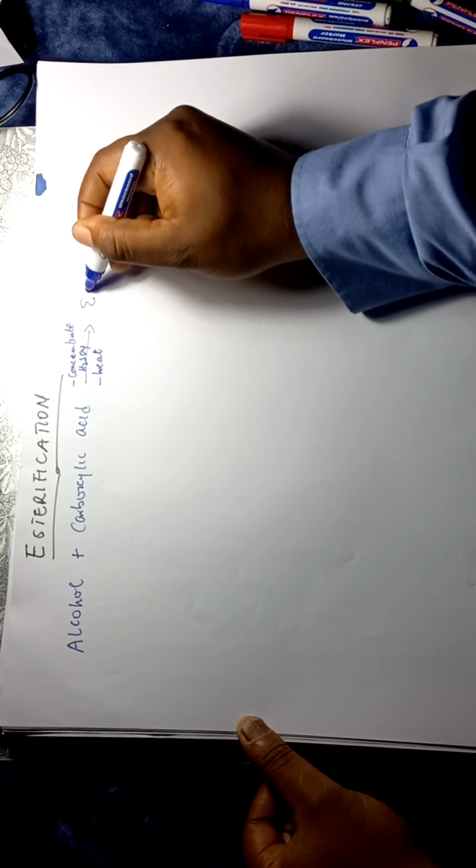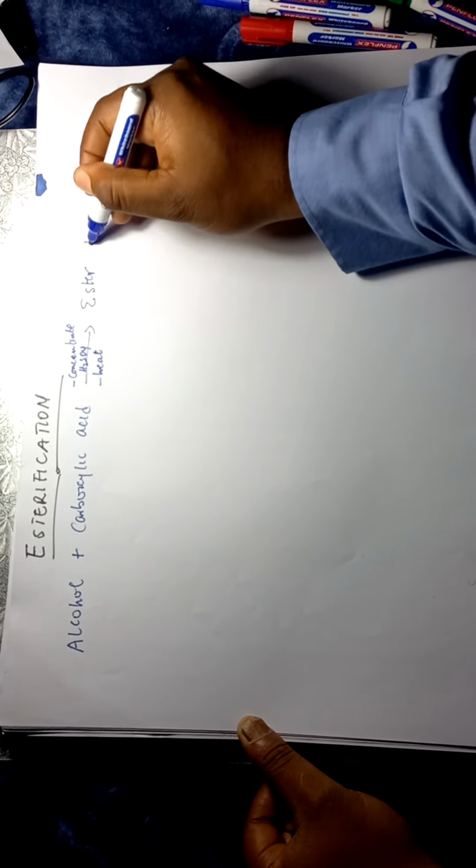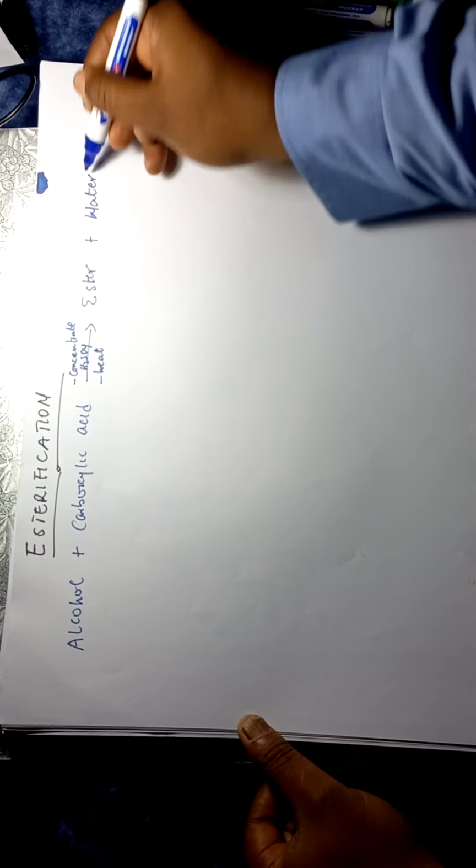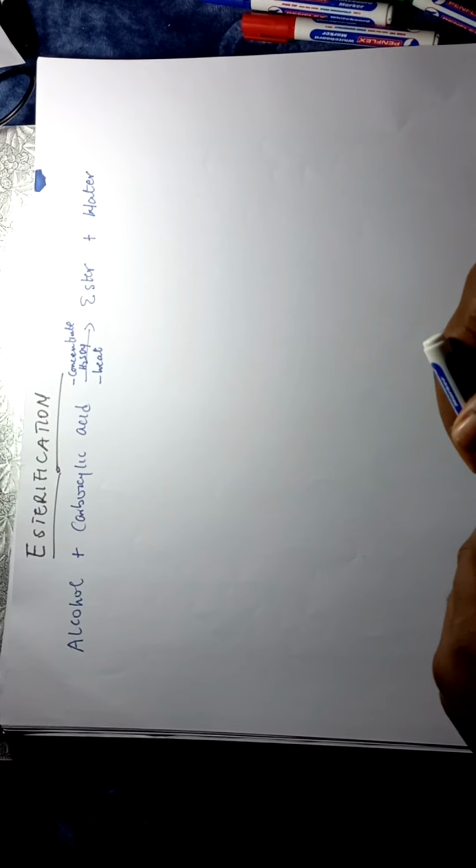In our case, we are forming ester, and in addition to that, we'll get water, which is the inorganic product there. So let's pick one or two examples in order to explain how this reaction is formed.